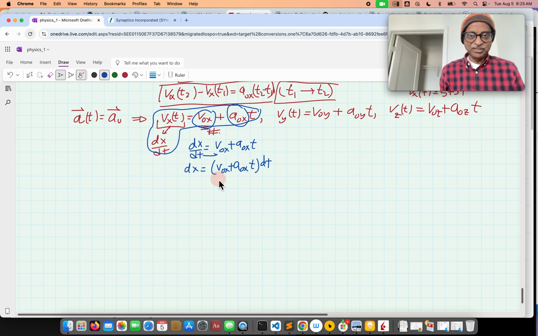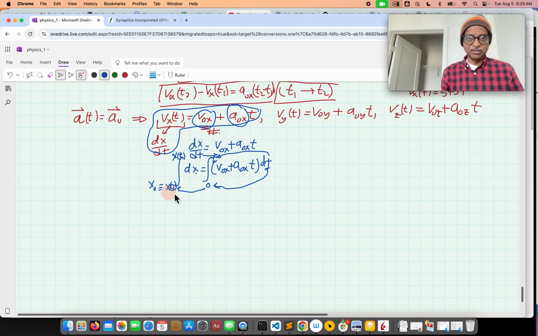All right, so suppose I want to go from 0 to some arbitrary instant t. These are the things I'm interested in: x at 0 time, and x at instant t. Normally people write x of 0 as x0.